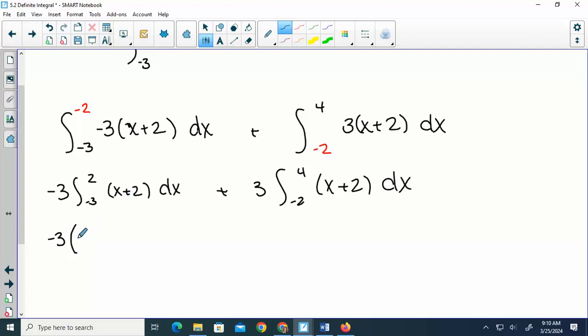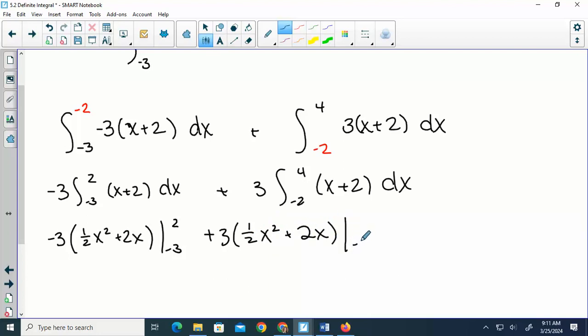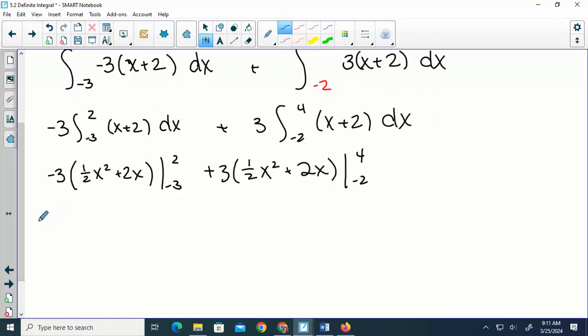What's the antiderivative of x plus 2? Same antiderivative here. So then we have to evaluate that.